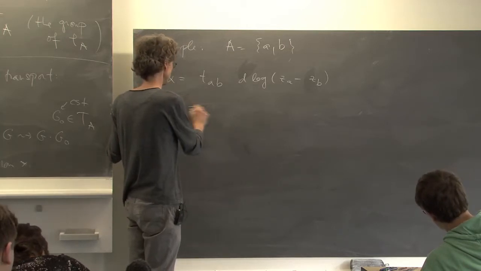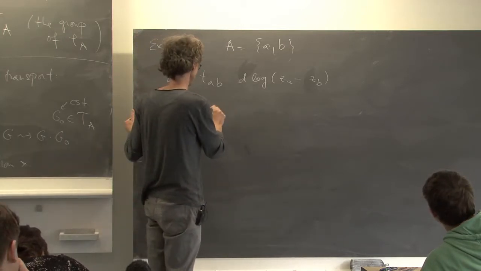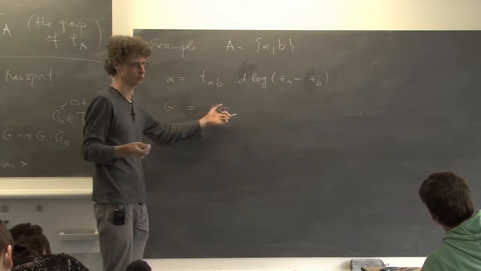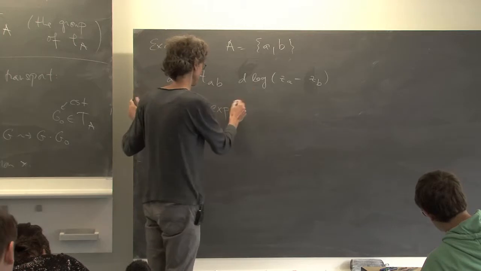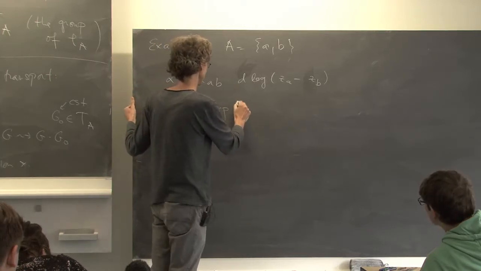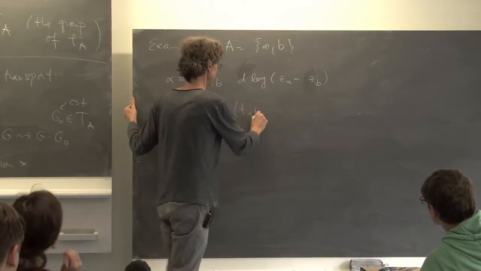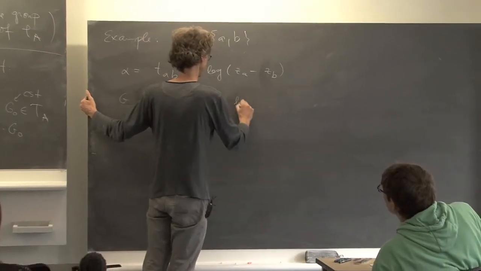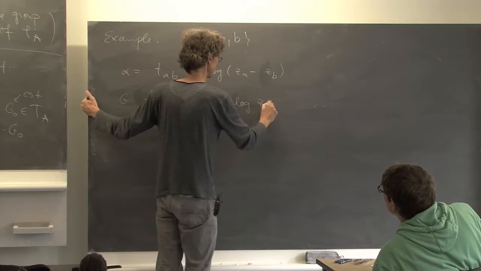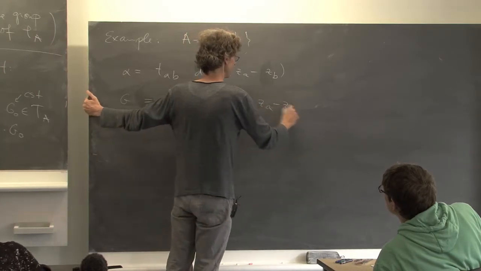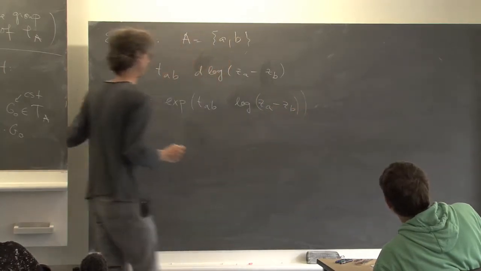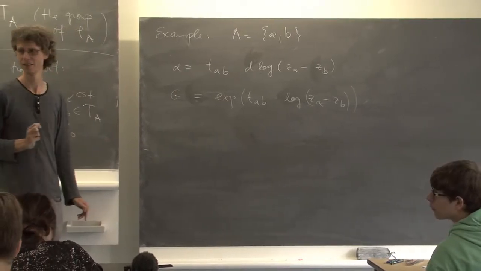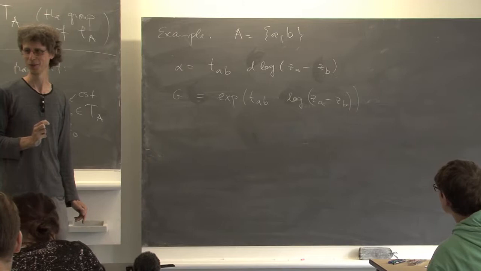So g is going to be something like an exponential. It's defined up to a constant, but I'll choose one particular solution. So it's the exponential of TAB times log of ZA minus ZB. Why is this true? Who asked that?